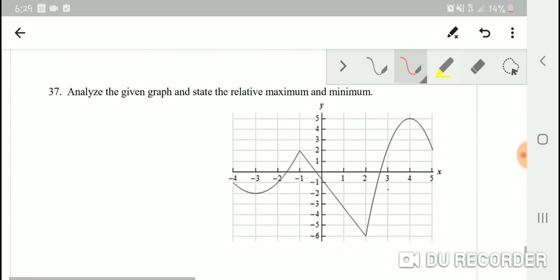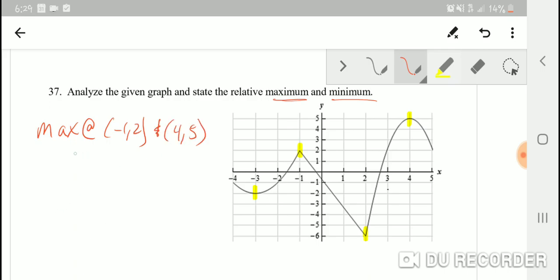For number 37, we really just want to find the maximum and minimum values. So we would have a minimum here, maximum here, minimum here, maximum here. So we have maximums at -1 and 2, and for 5, so your maximum values are 2 and 5.